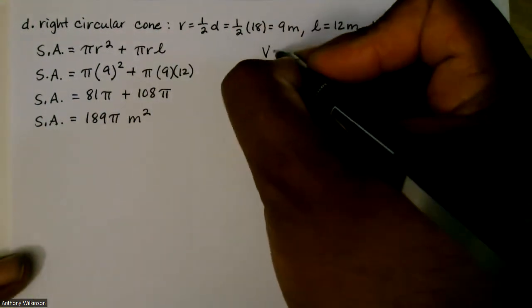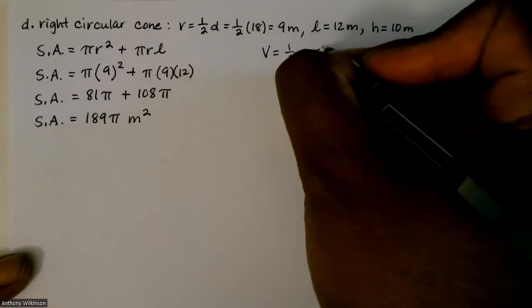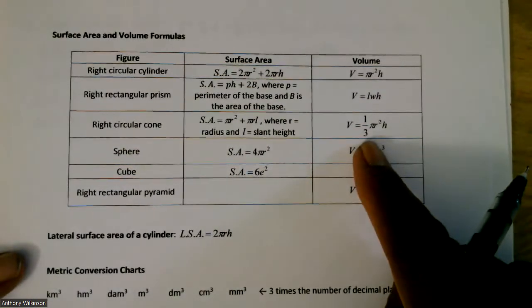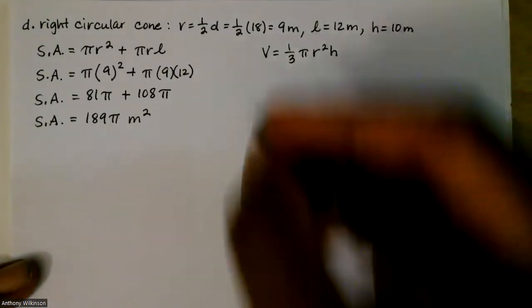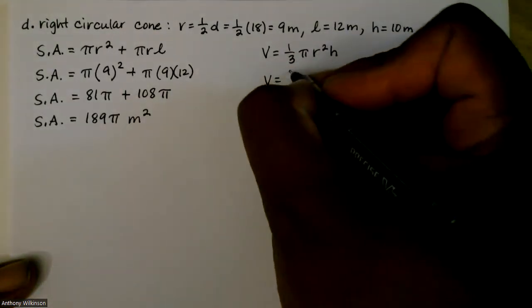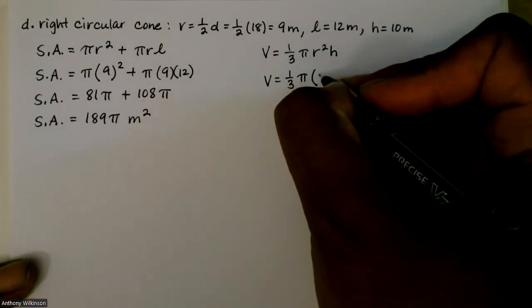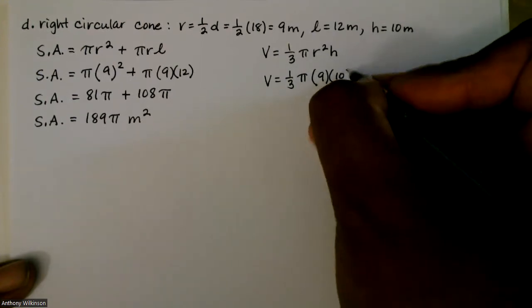Now for the volume. The formula for finding the volume of a right circular cone is 1/3 pi r squared times the height. So the volume is going to be 1/3 pi times the radius, which is 9, times the height, which is 10.